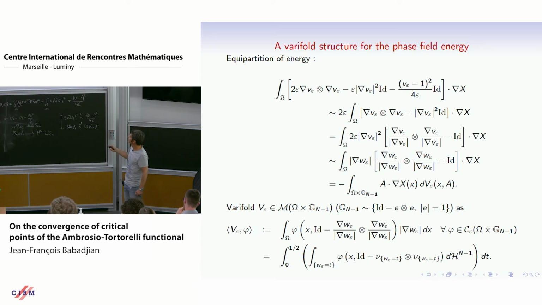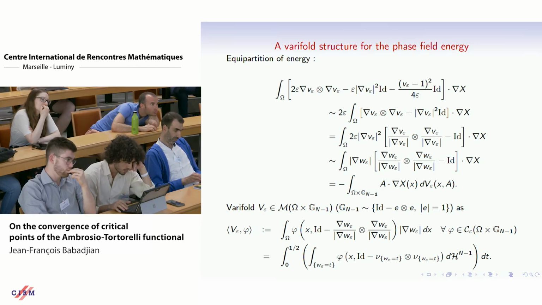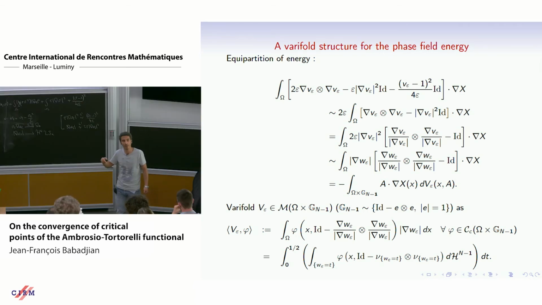I will identify this set, as is usually done in this type of theory, to projection matrices on n-1 dimensional hyperplanes. All such projection matrices can be written as identity minus E tensor E, where E is a unit vector orthogonal to the hyperplane. So a varifold is a measure on this product space. It encodes information on the spatial position, but also on the tangent planes.